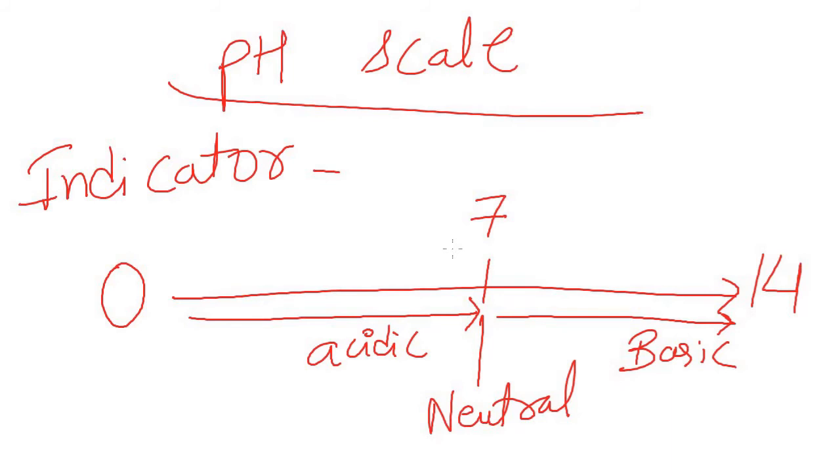Okay, so the litmus paper is a sort of indicator because it can tell you whether a substance is acidic or basic or neutral. But it will not tell you how much acidic or basic it is. For that, there are other methods. You may use a pH meter, which tells you the exact pH of the substance, or you have to use a universal indicator.